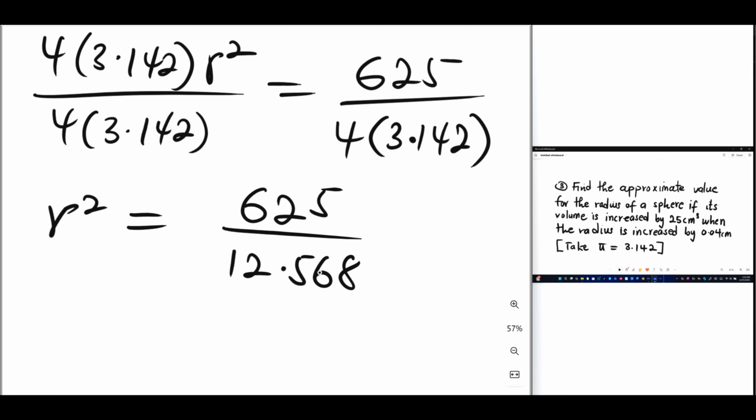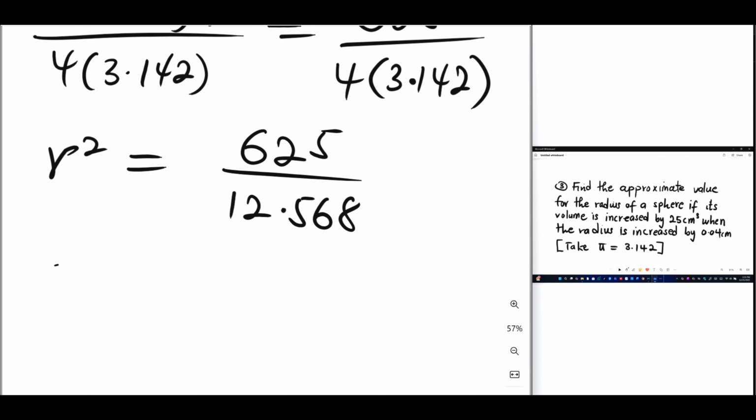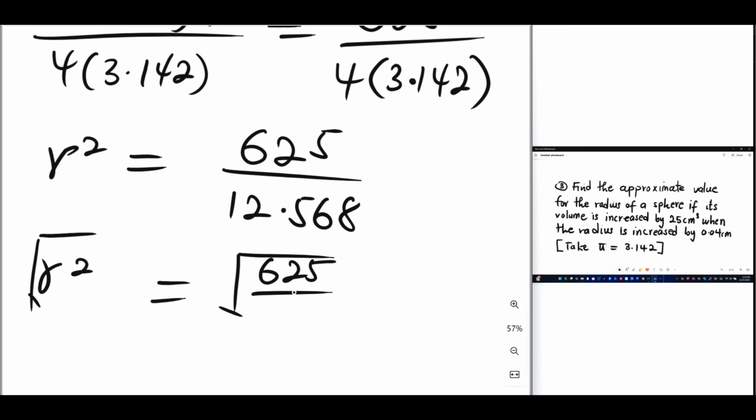We can now take the square root of both sides, so that we can get the value of r. We have to find the approximate value of the radius, not the square of the radius. So the square root of 625 divided by 12.568.